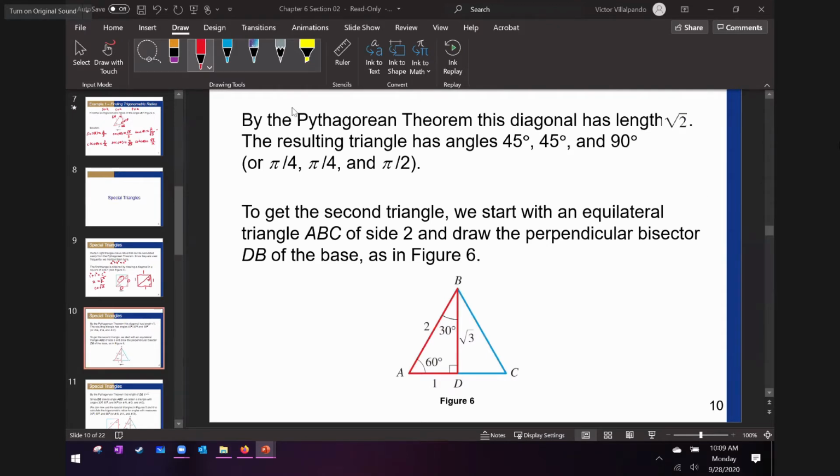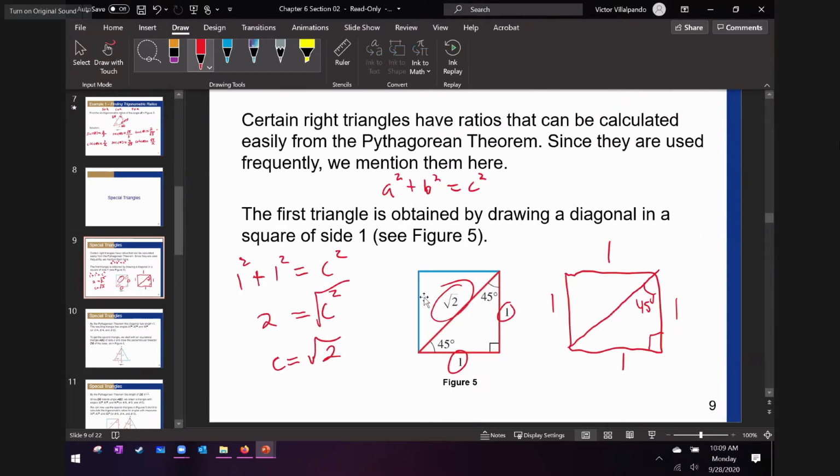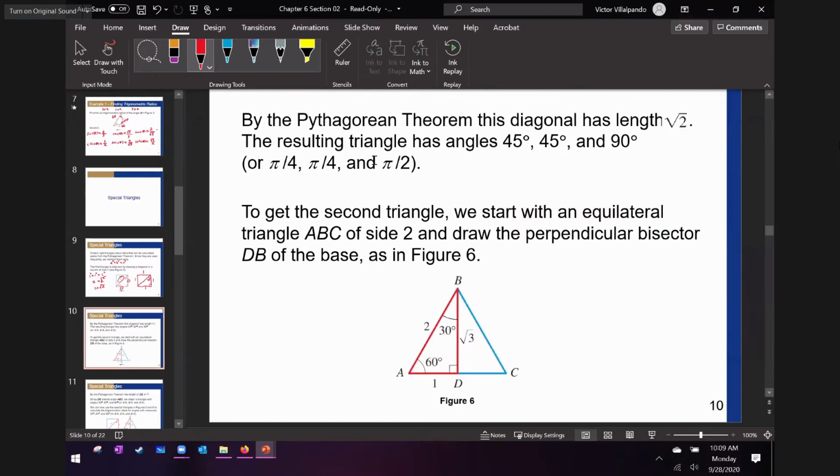They're talking about what we did earlier with the Pythagorean theorem, this diagonal right there. The diagonal drawn is technically the hypotenuse for both triangles, the blue and the red one. So hopefully that didn't confuse anybody. And then we found the angles 45, 45, and 90.